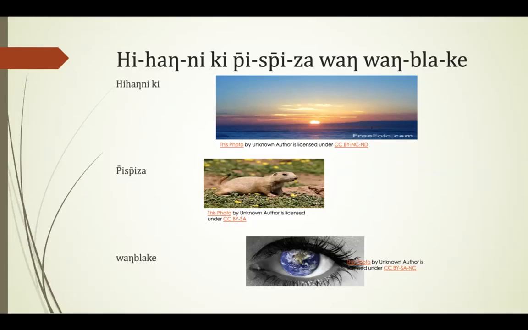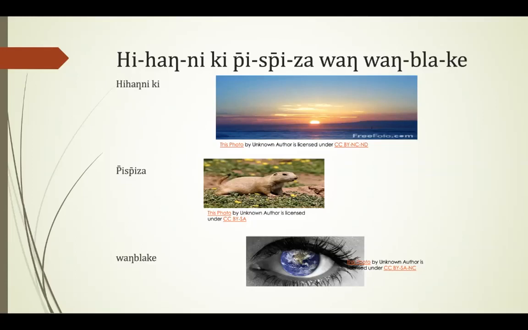So now that you got it all separated into syllables, let's go ahead and read it. So our first syllable in our first word is he. Second syllable is ha. Third syllable is ni. And then ki. The next word has three syllables. The first syllable is be.